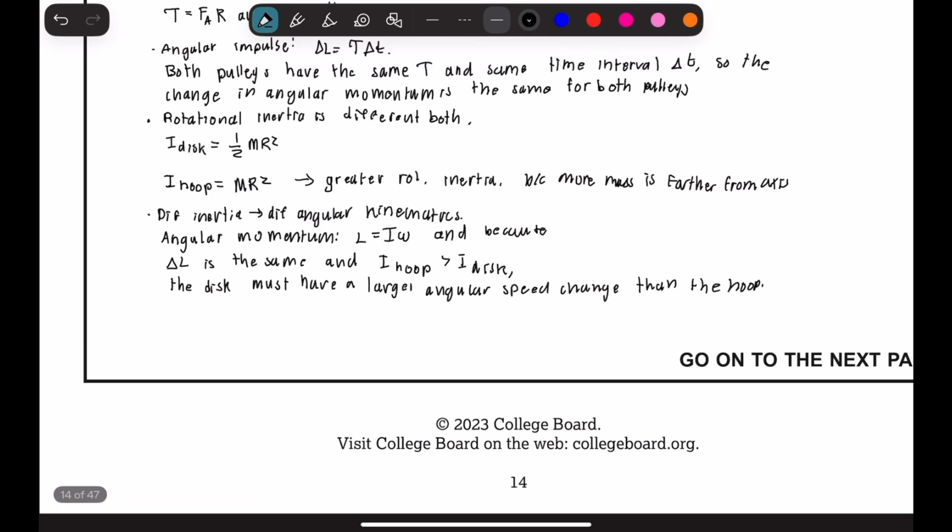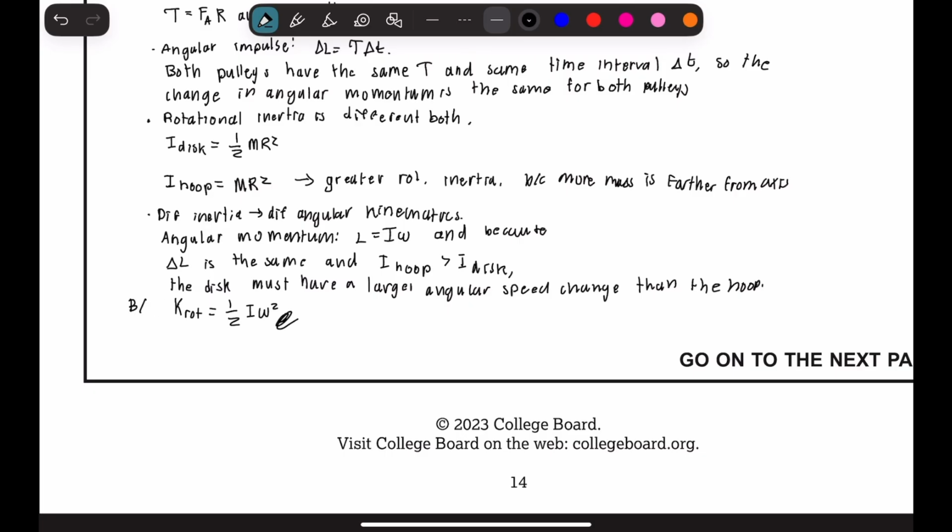But now we have to discuss, why does the disk gain more rotational energy? Well, that's because the rotational kinetic energy is equal to 1/2 of the moment of inertia times omega squared.